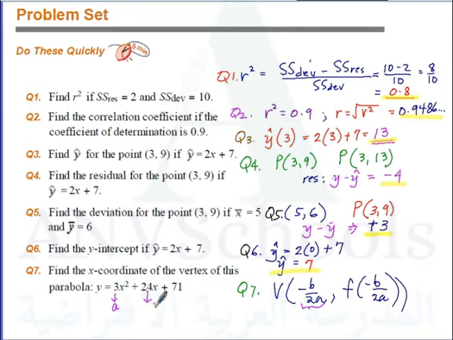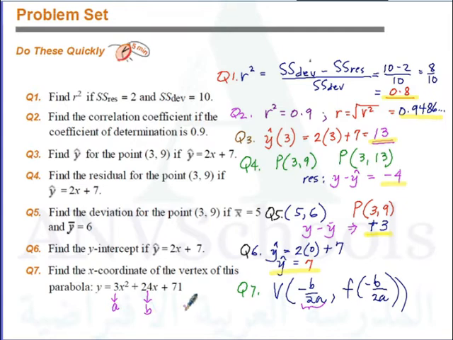This is just a review, so it doesn't necessarily involve the current lesson about residual plots. It's just a review of the previous lessons. So this is our b.